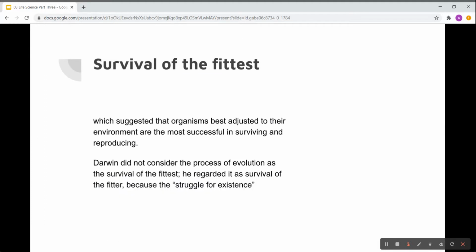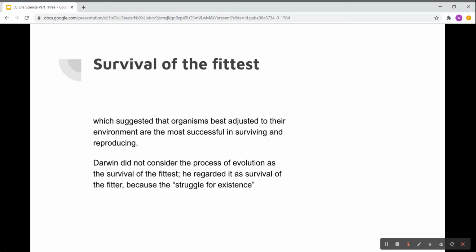And there's something called survival of the fittest, which you've probably heard of, and it covers one of the points. It suggests that organisms best adjusted to their environment are most successful in surviving and reproducing. Darwin did not consider the process of evolution as survival of the fittest. It's just a mechanism.